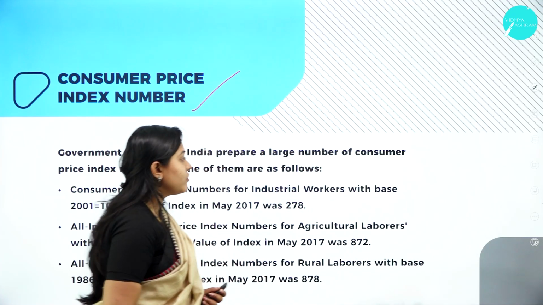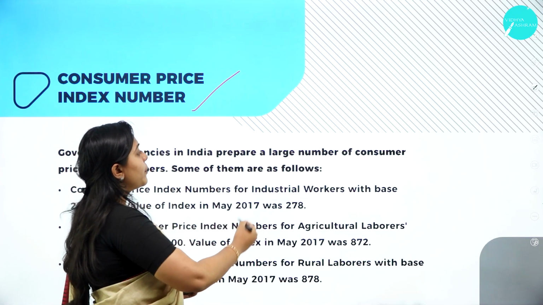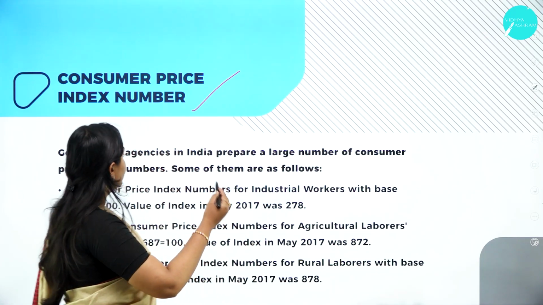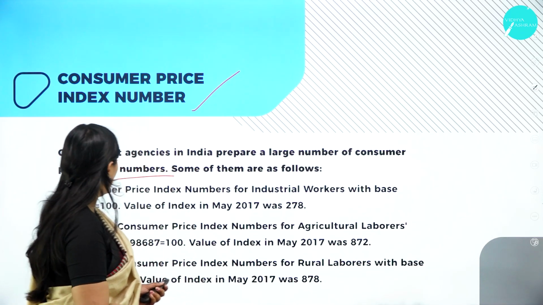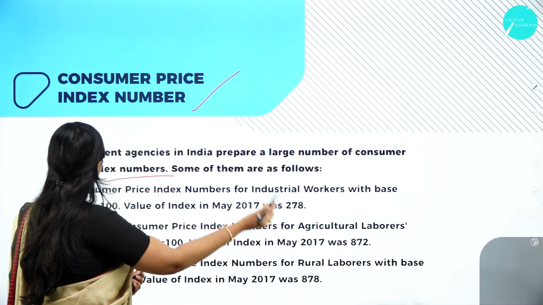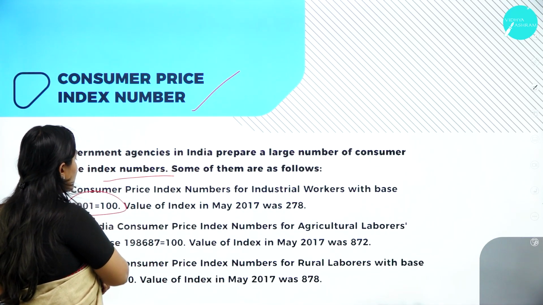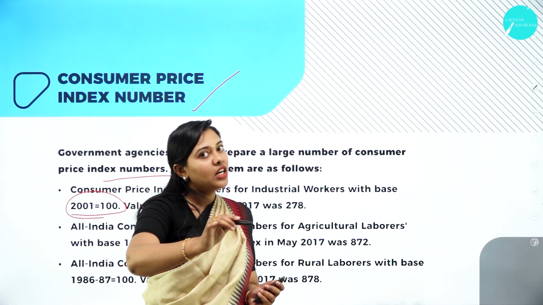Let us look into the first point. Government agencies in India prepare a large number of consumer price index numbers. Some of them are as follows. Consumer price index for industrial workers with the base 2001 as 100. The base year is always taken for comparison with the current year.